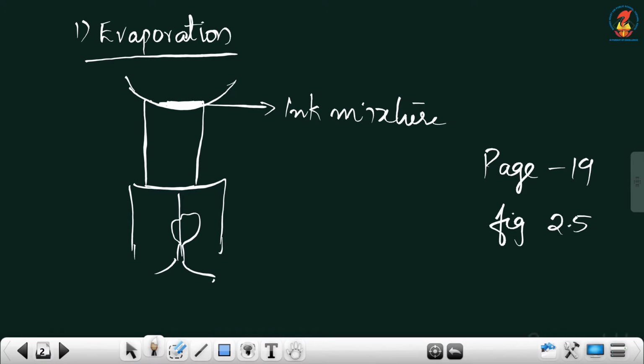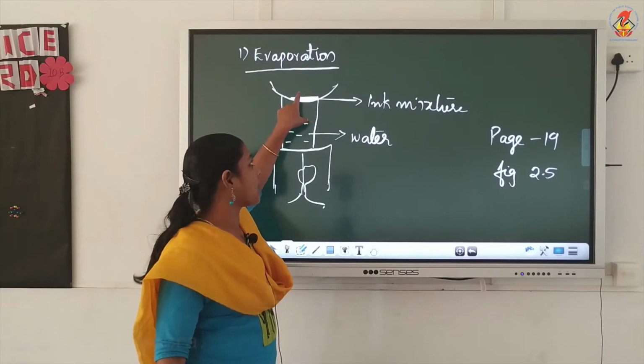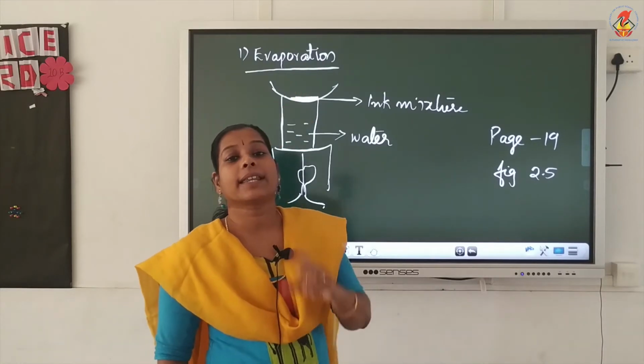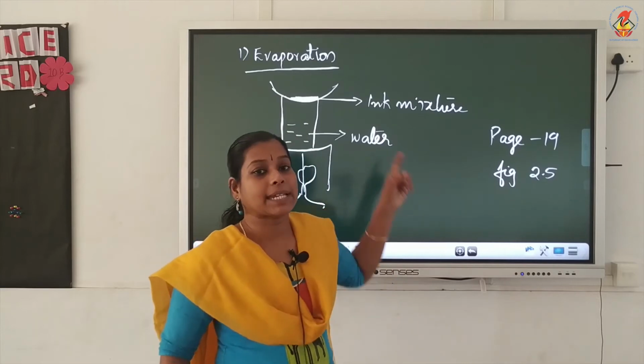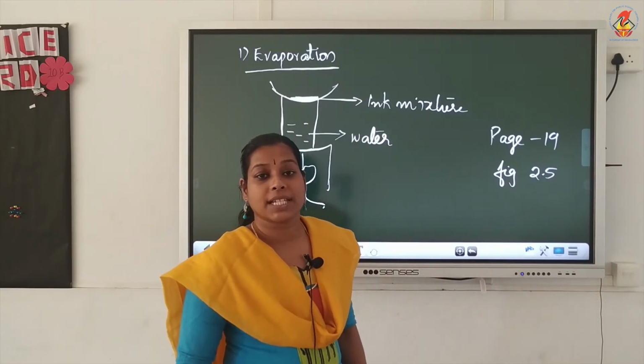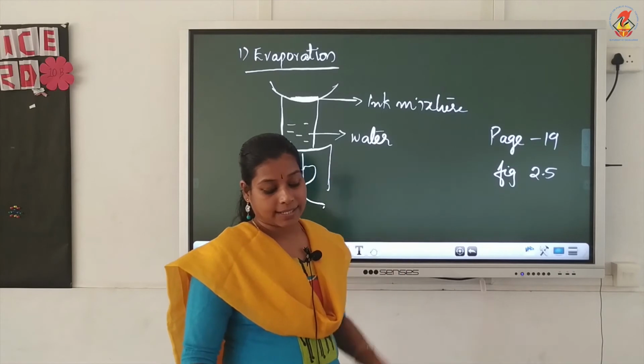We have started burning the burner, and using that energy, the water kept in this beaker will get evaporated first. With that heat energy, the water content in the mixture taken in the watch glass will get evaporated, leaving a solid material there, which will be the colored dye.